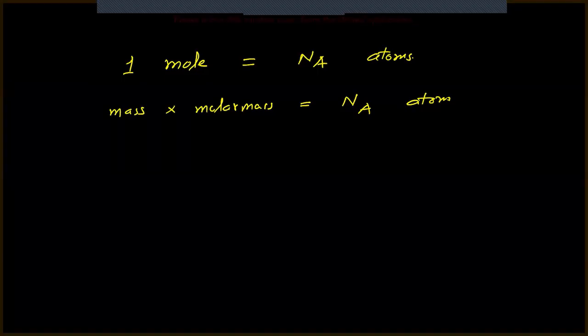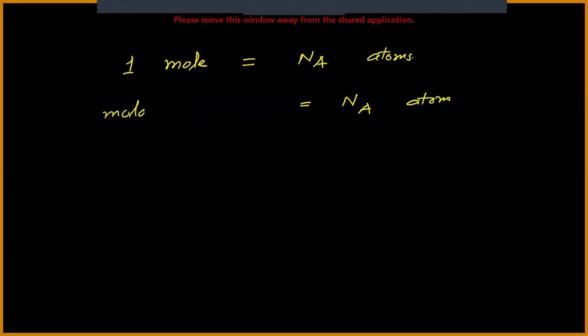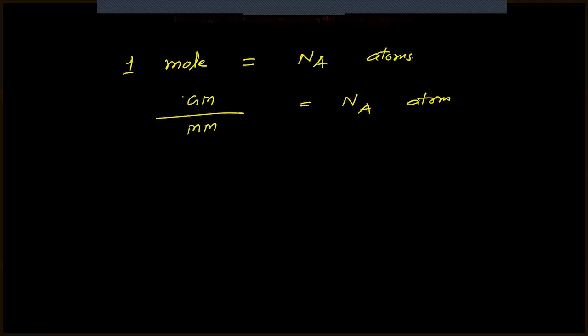Okay, so it is actually 1 molar mass in gram. 1 mole is given mass upon molar mass. So I'm writing in short, just given mass upon molar mass, moles. And if you want to convert it to atoms, you need to multiply that by Na.